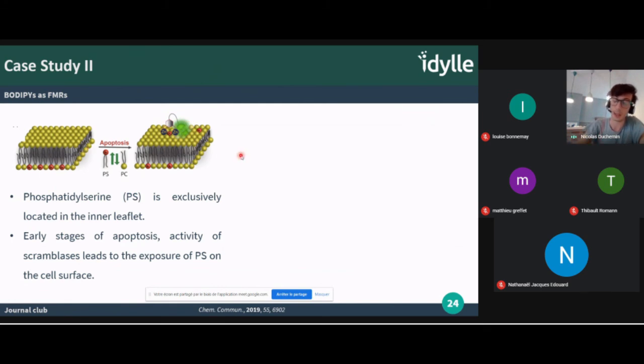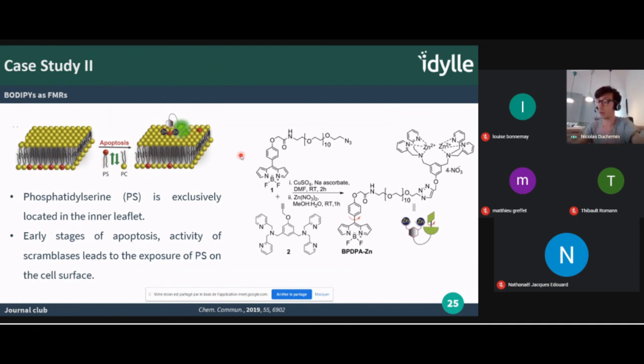And they realized this can be easily done with a fluorescent molecular rotor coupled to something that will bind phosphatidylserine. So they start with this relatively complex BODIPY structure, very close to what we had earlier, with a long PEG chain that will interact with this part with an azide moiety, with which you can do click chemistry if your zinc ligand is equipped with a terminal alkyne moiety.